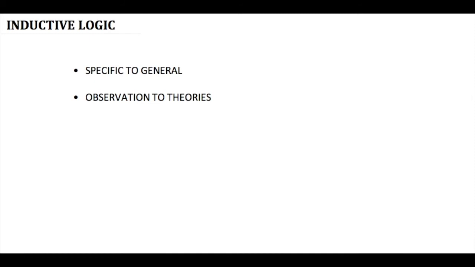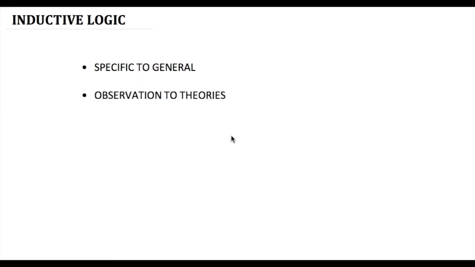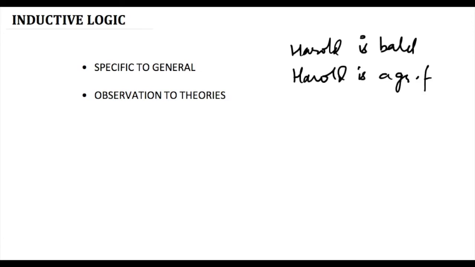So we need to understand that whenever we are solving a question, we are moving from general statements to a specific observation. For example, we can say that Harold is bald and Harold is a grandfather.